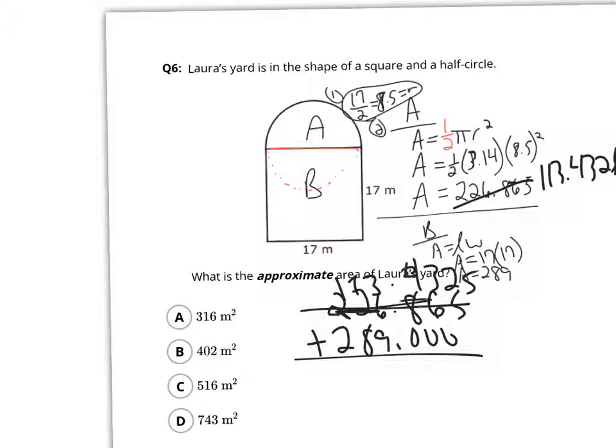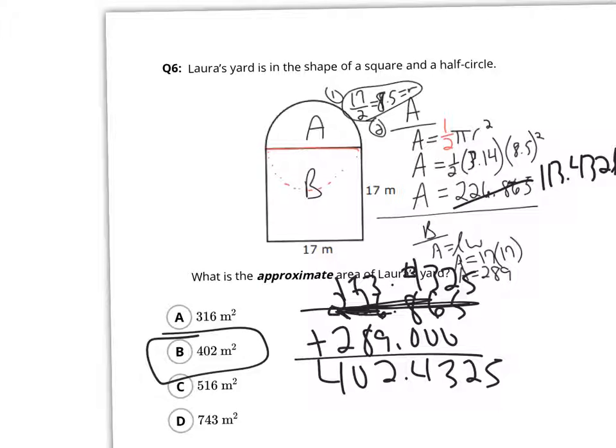And then we add those together, which is 402.4325, so that would be closest to answer choice B. Okay, so again, a couple easy things to make mistakes here we got to watch is making sure we're using our radius, not our diameter, making sure we're squaring the radius, and making sure we remember to take half of that area of the circle.